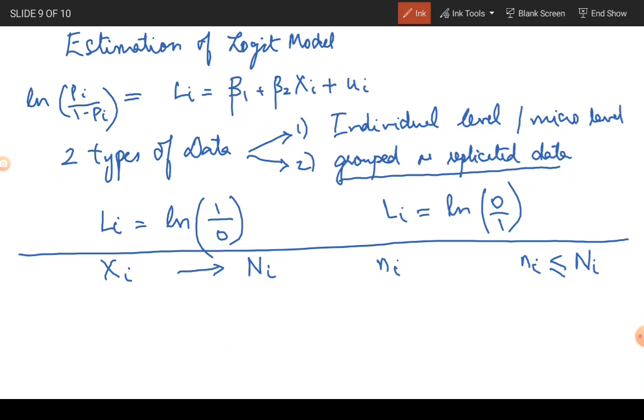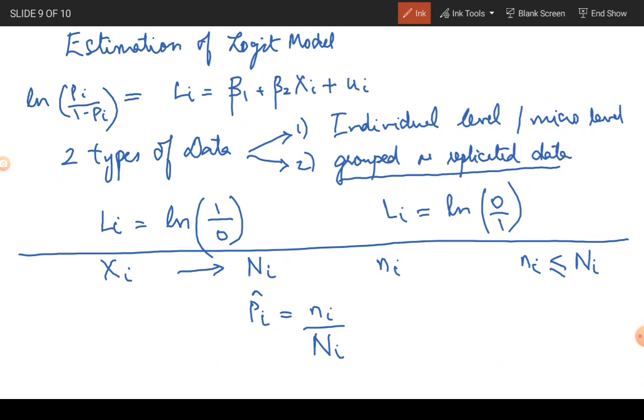So if you have this data, which is group data, because for the same income level you have a large number of families, you can actually calculate Pi, the probability of owning the house, with the sample estimate of Pi as small ni divided by capital Ni.